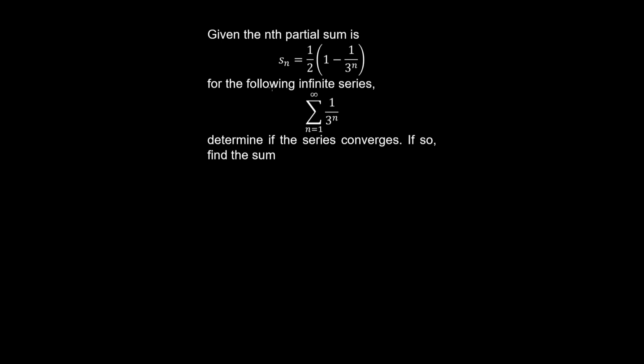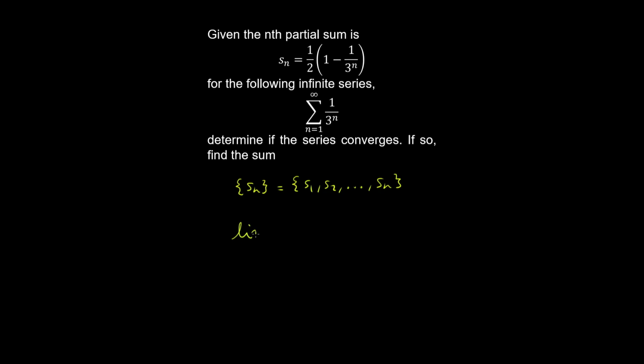Given this nth partial sum for the following infinite series, determine if the series converges, and if so, find the sum of the series. So if the sequence of partial sums, denoted as follows, converges, then the series converges.